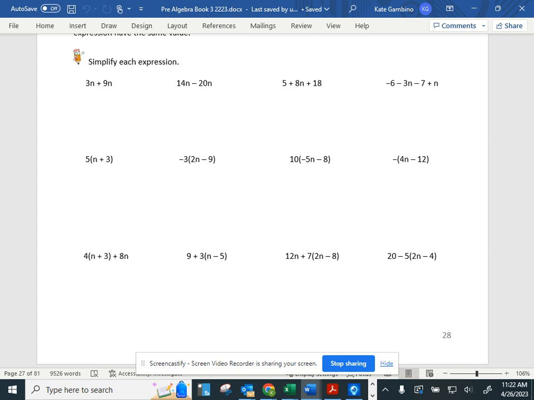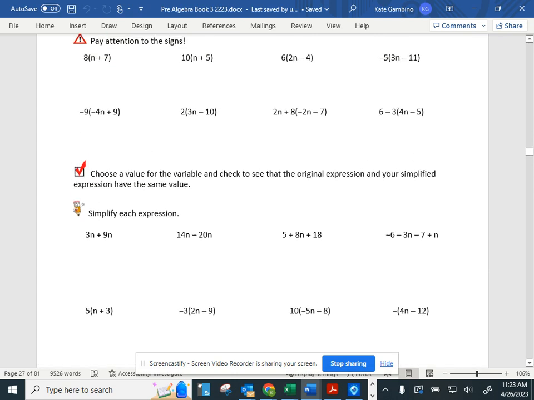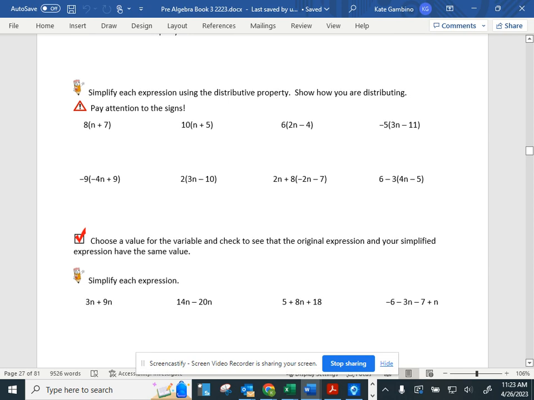Then we get down to more terms with our parentheses, and we have to distribute for the parentheses, then we have to simplify our final answer. Yeah, it's the same thing as above. So yesterday we did our learning.